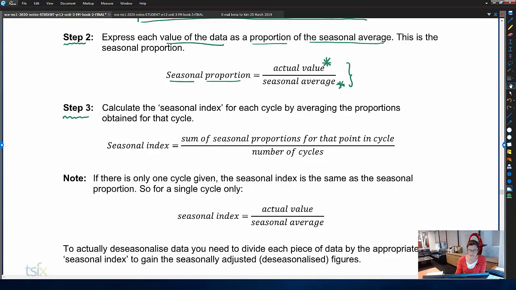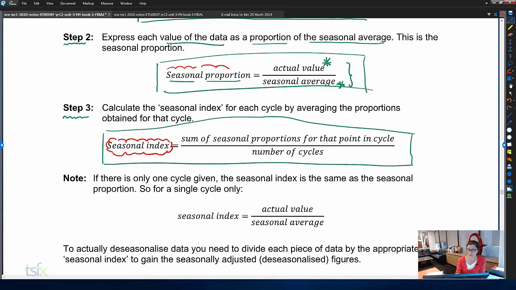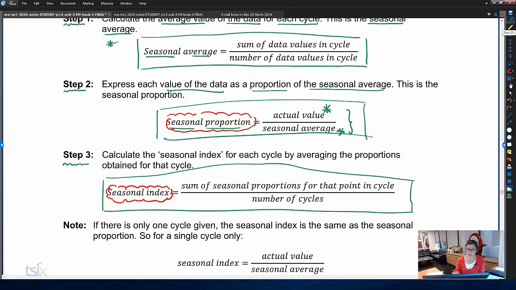So a 3-step process, 3 different formulas to consider, lots of new terms here. So I'm just going to highlight the terms here. I'm using the term seasonal index, I'm using the term seasonal proportion, and I'm also, in the previous one, using the term seasonal average.